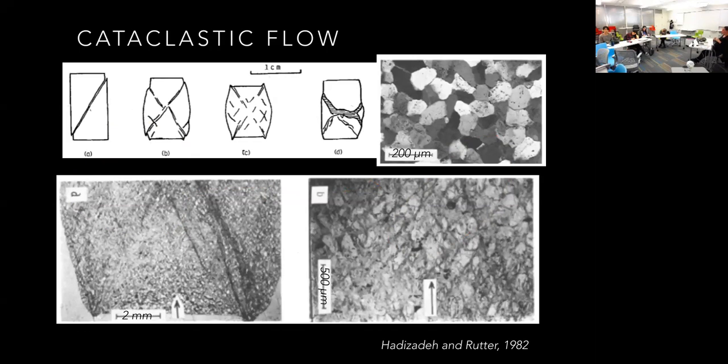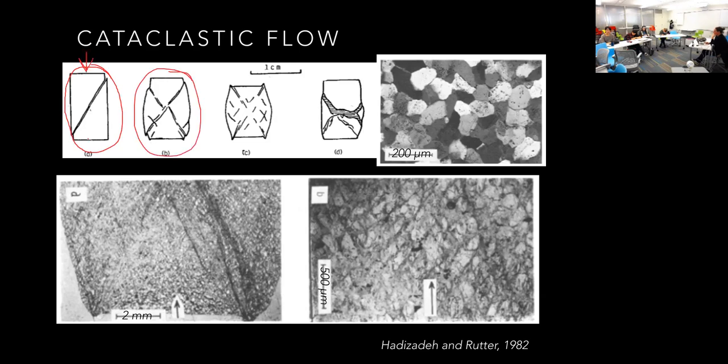Cataclastic flow involves particulate flow, but also you have deformation of the individual particles. They may actually start from an intact rock. So here's some experiments by Hadizadeh and Rutter, published in 1982, where they basically took some big porous sandstones, and they did deformation at different conditions.